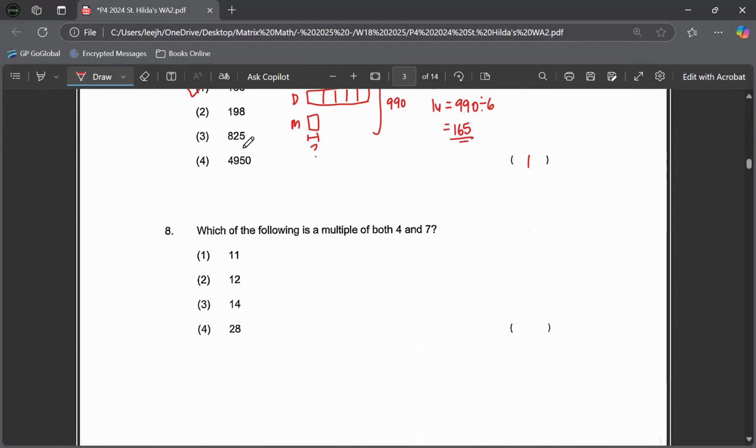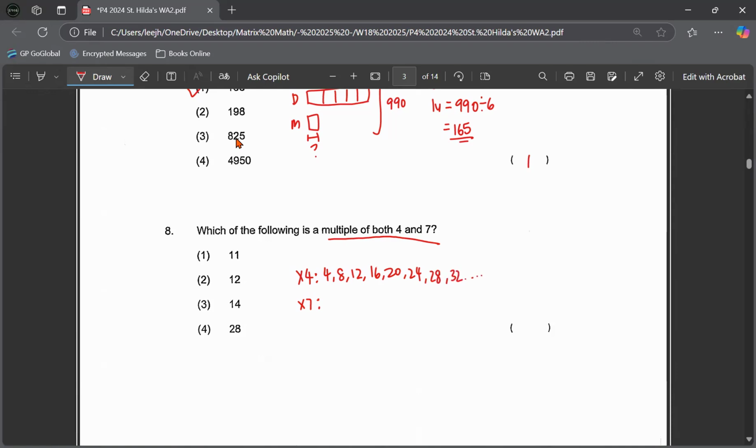Question 8. Which of the following is a multiple of both 4 and 7? So we will find out the multiples of 4 and multiples of 7. Okay. Which of these numbers appear inside? Okay. So you look at this. 4, 8, 12, 16, 20, 24, 28, 32, and so on.